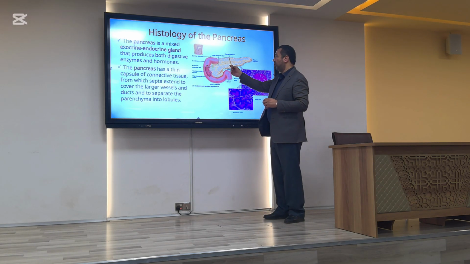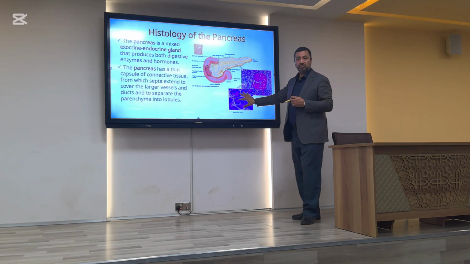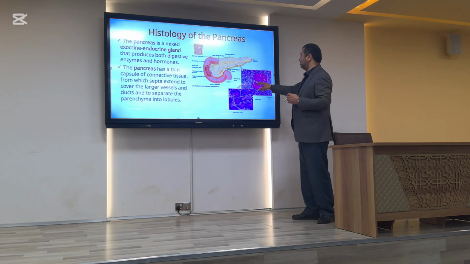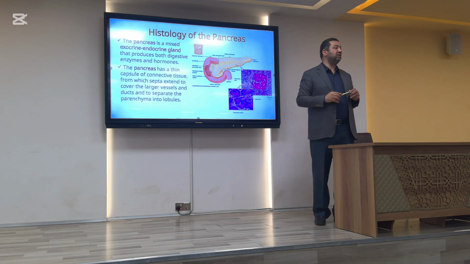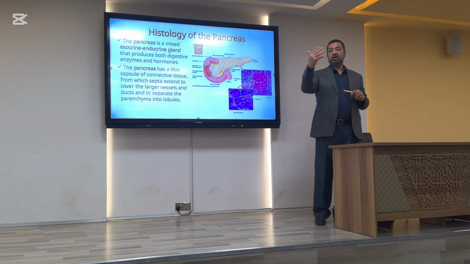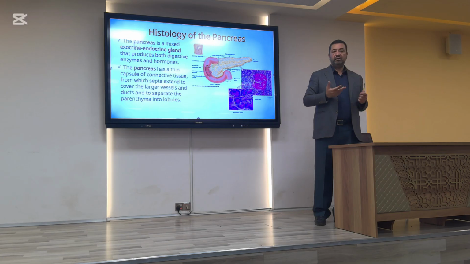This is the pancreas, and it has an exocrine part, the pancreatic acini, and an endocrine part called the islets of Langerhans. The secretions of beta cells and alpha cells, insulin, glucagon, and PP, are from the endocrine part of the pancreas.